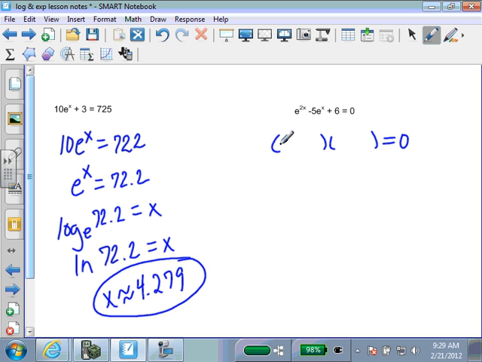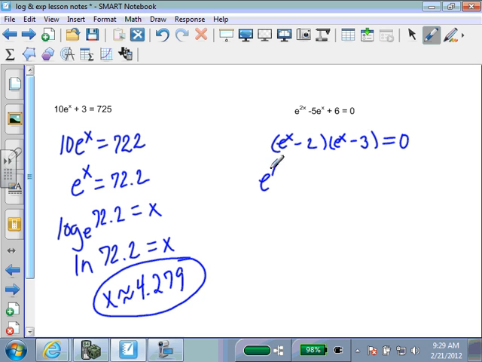So e to the 2x would be e to the x times e to the x, because if you multiply e to the x times e to the x, you'd have the same base, and therefore you would be adding your exponents, and the exponent would be 2x. The 6 probably is negative 2 times negative 3, because that would give me the negative 5 e to the x in the middle.